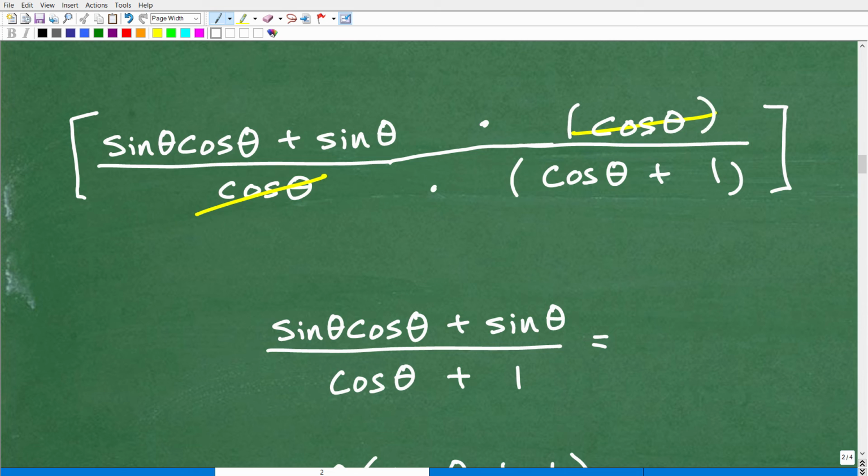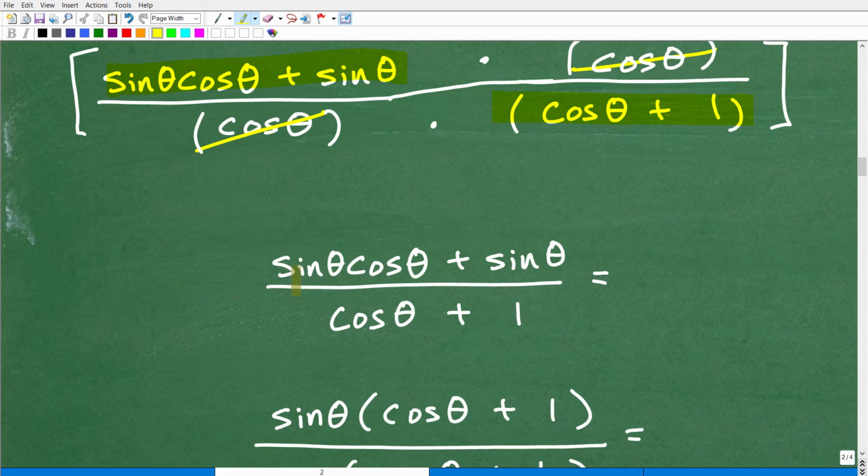But notice right off the bat, I have a cosine theta in the denominator and a cosine theta in the numerator, so I can cross cancel these right there. So those go away, so that leaves me with this over this. So let's go ahead and talk about that. So that's sine theta, cosine theta plus sine theta, all over cosine theta plus 1.